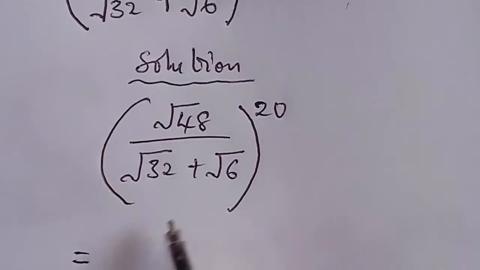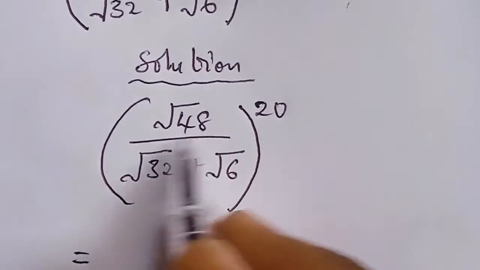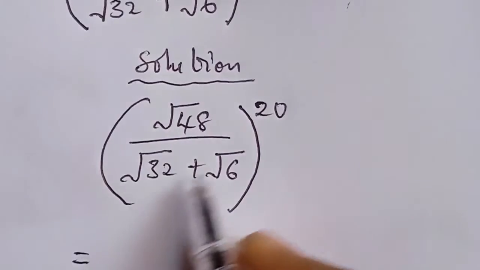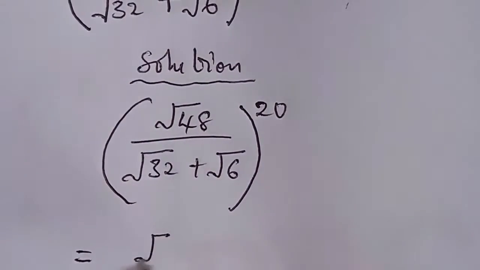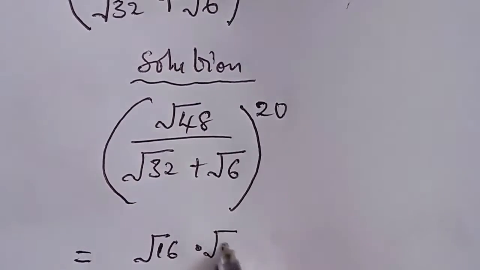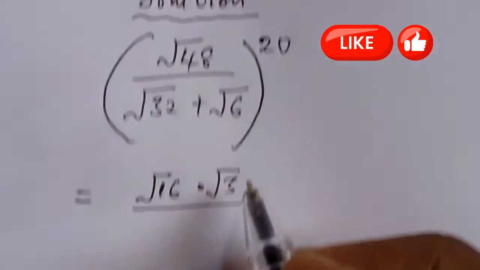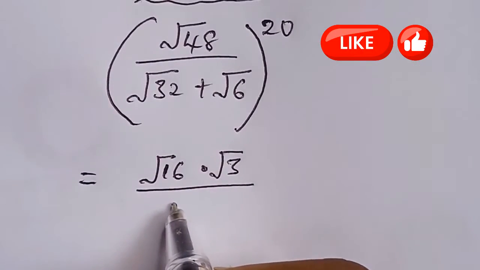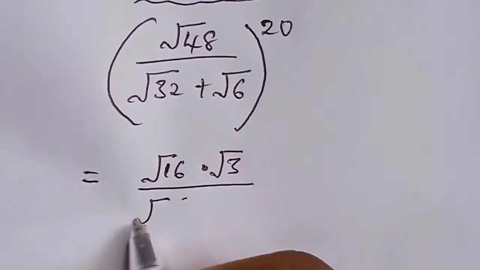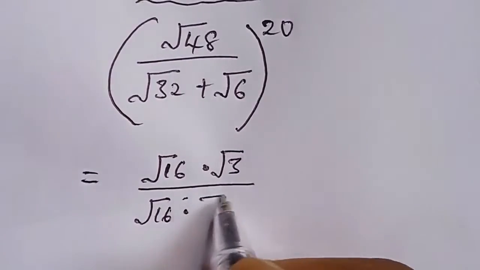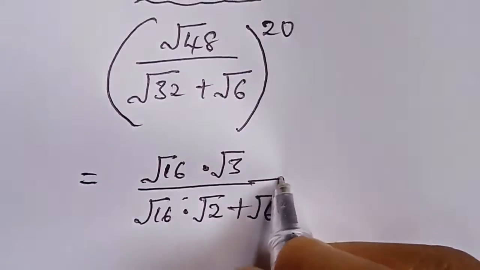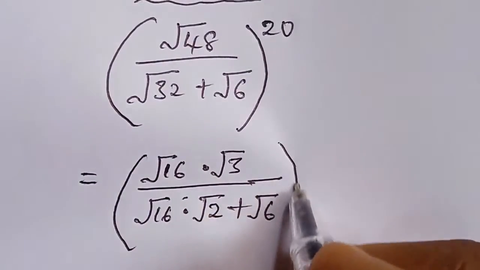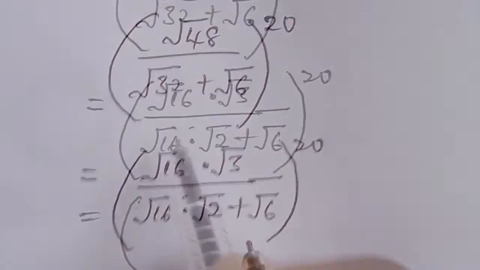So here this will be equal to, by simplifying the radical in the bracket, square root of 48 simplified as square root of 16 multiplied by square root of 3, all over square root of 32 simplified as square root of 16 multiplied by square root of 2, plus square root of 6. We put everything into bracket to the power of 20.